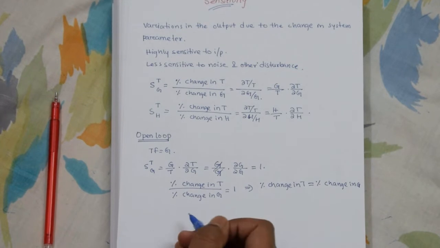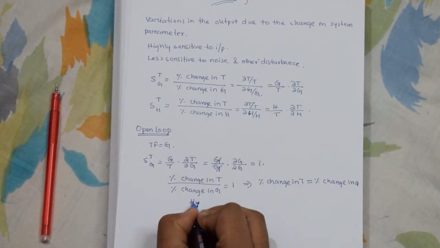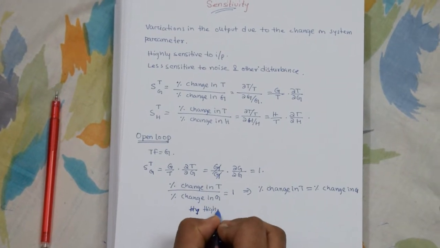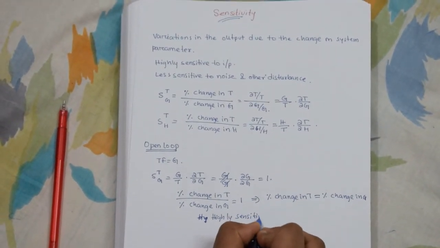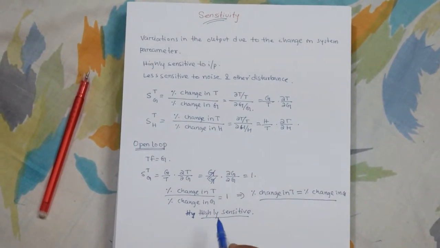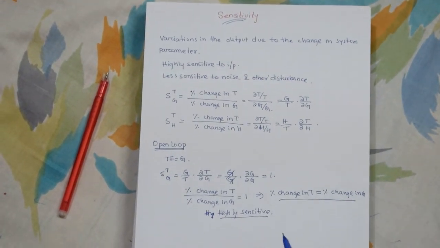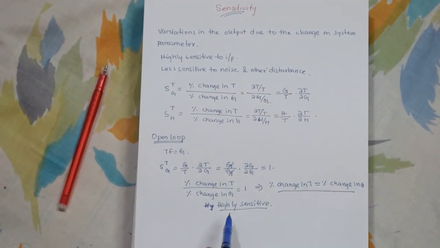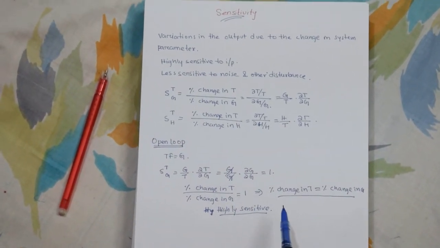It means that the system is highly sensitive. Now what is highly sensitive? Highly sensitive means it is sensitive to disturbance, noise and environmental condition, which means whatever the changes in G(s), that directly affects the output.